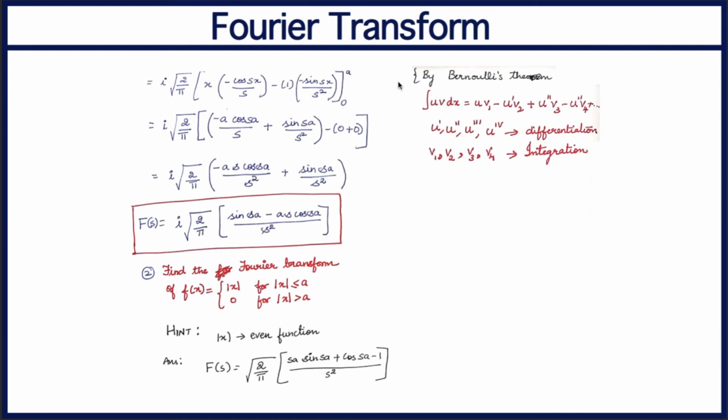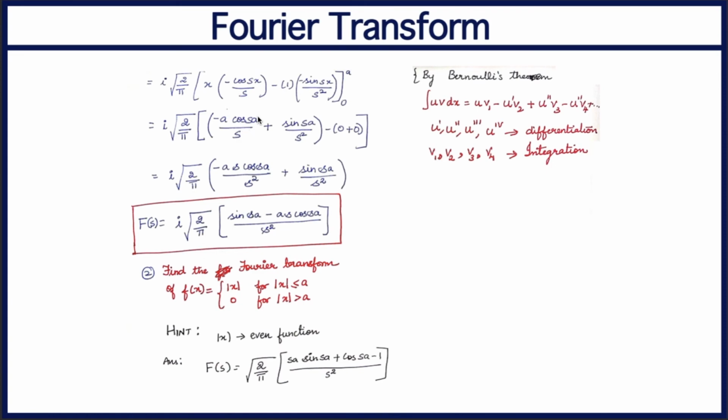When you substitute a here, we get minus cos sa divided by s, plus minus of minus, which becomes plus, sine sa divided by s square. As we have said, the lower limit when you apply it becomes 0. So now we have I into root of 2 by pi, multiplied by s over here, so the new denominator will become s square common.